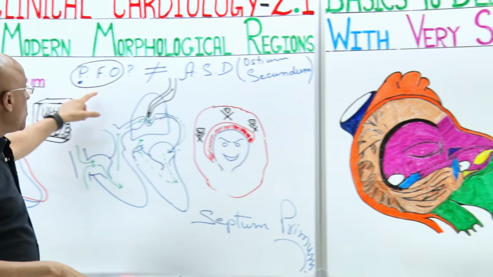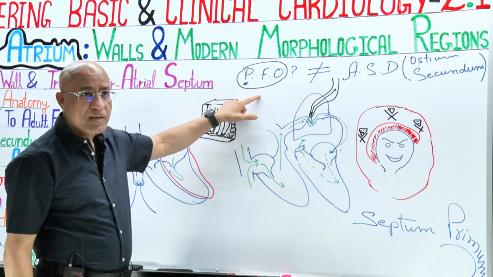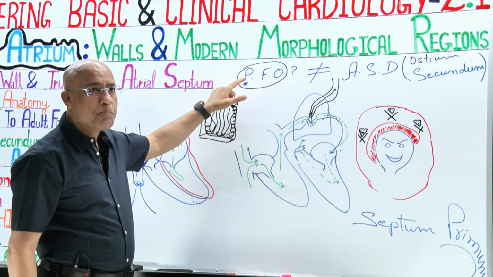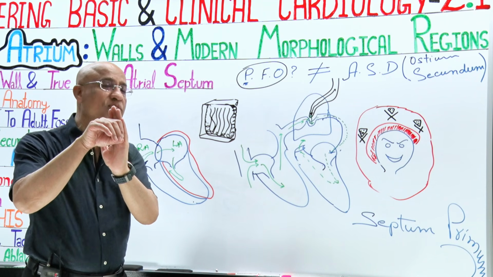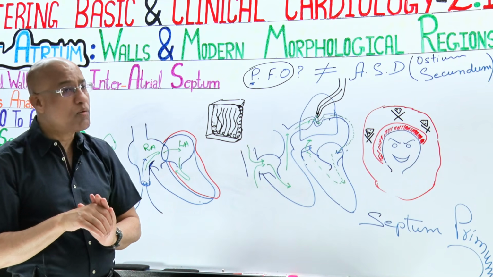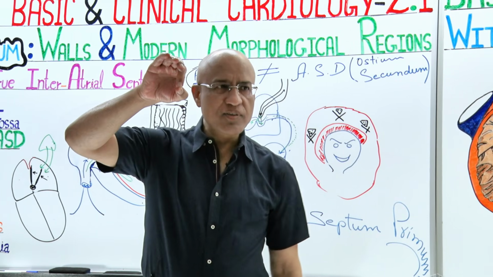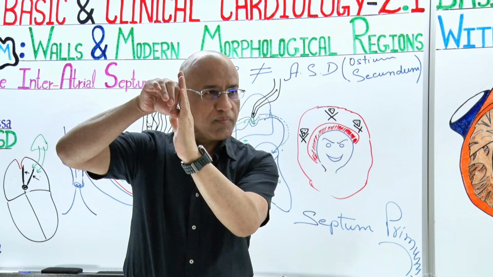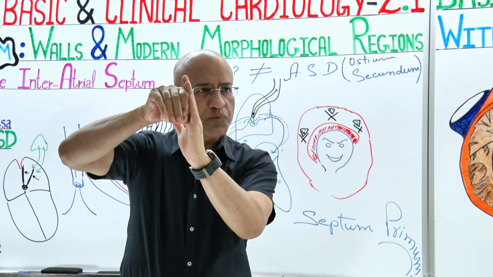So we can say that in the world 25% of the population has a foramen ovale which is patent to some degree, or unsealed or unfused to some degree. Here I want to stress a point. If this is the border or rim where the septum primum has to close, here is the right atrium and here is the left atrium. It has to fuse here.